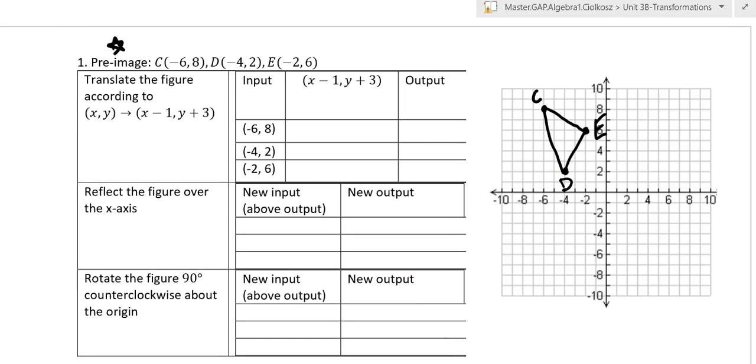Alright, now let's get some red going on. For our first step here, we're going to translate the figure according to this rule. For all my x's, I'm subtracting 1. For all my y's, I'm going to add 3.